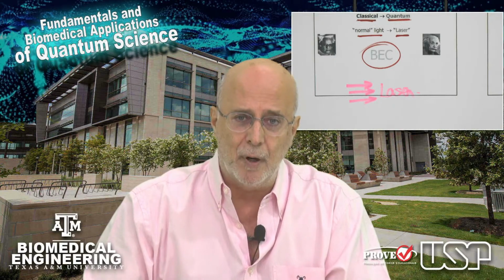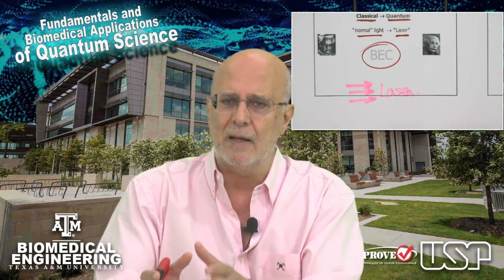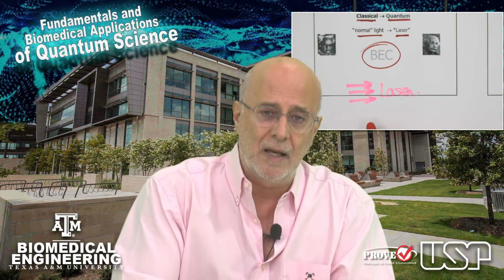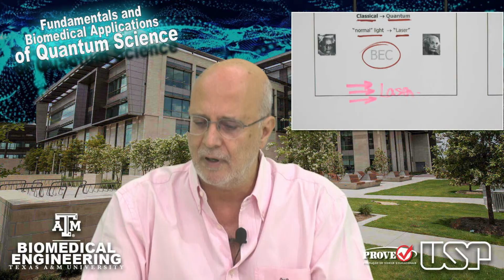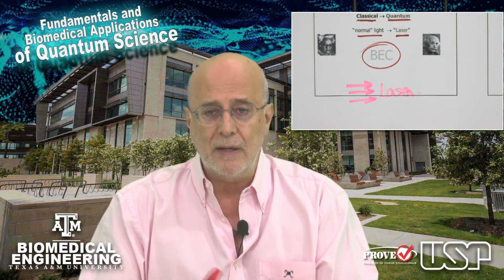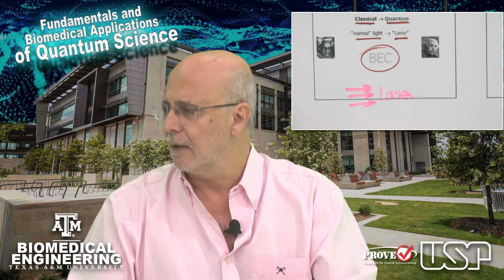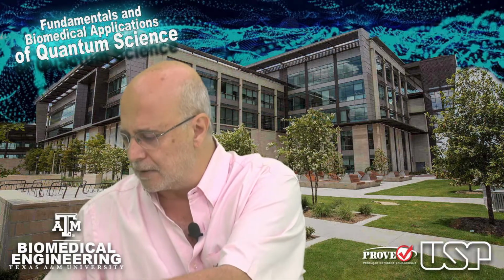Having the Bose condensate is putting all the atoms in the same wave function. Having a laser is exactly putting all the photons in the same wave function. Once I have that, I can do wonderful physics, because now I have a quantum system that I can see, and I can study properties of the system.